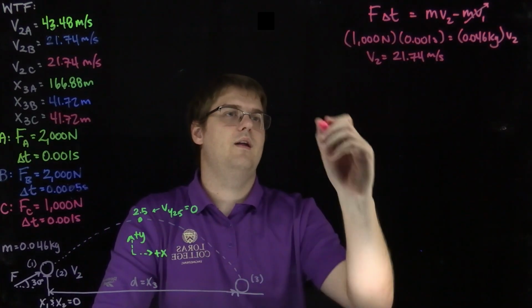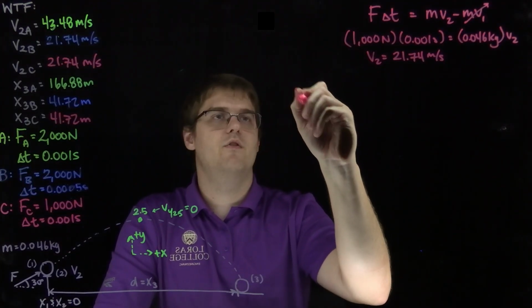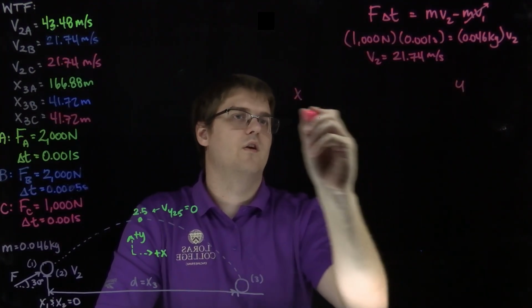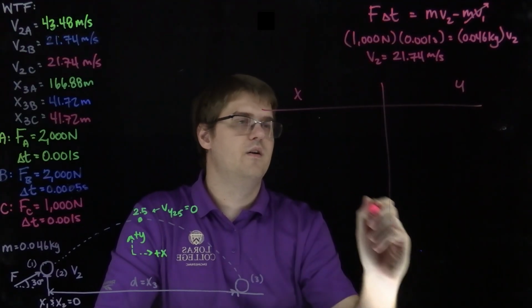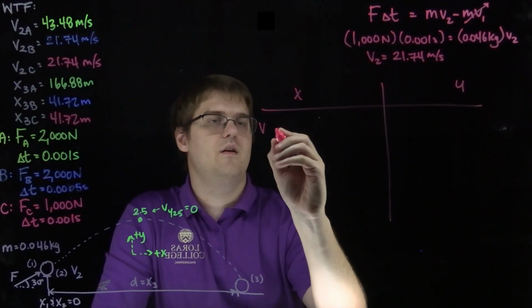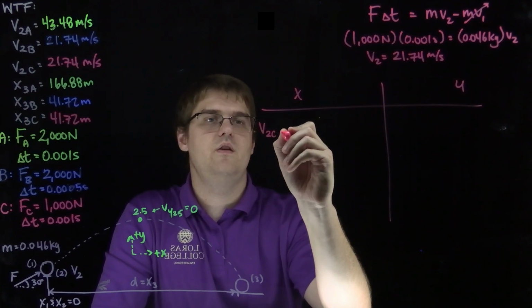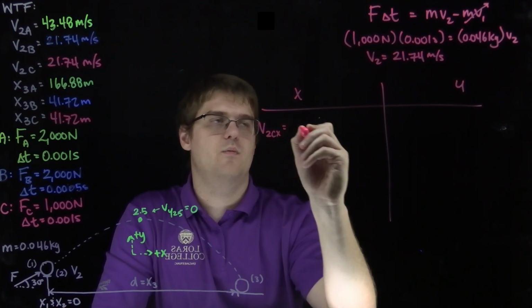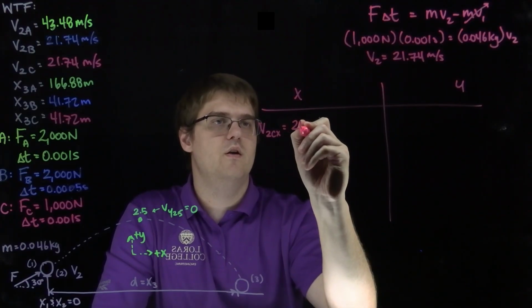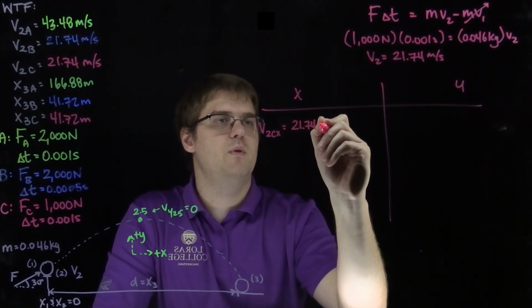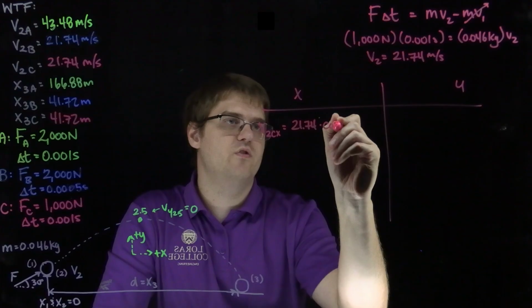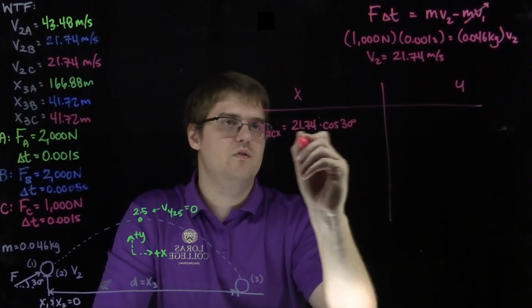Now, you guys can always not watch it. So I will go ahead and go through and solve this super fast. So I've got X and I've got Y. Velocity of 2 for C in the X is going to be velocity 2 for C, 21.74 meters per second times the cosine of 30 degrees.